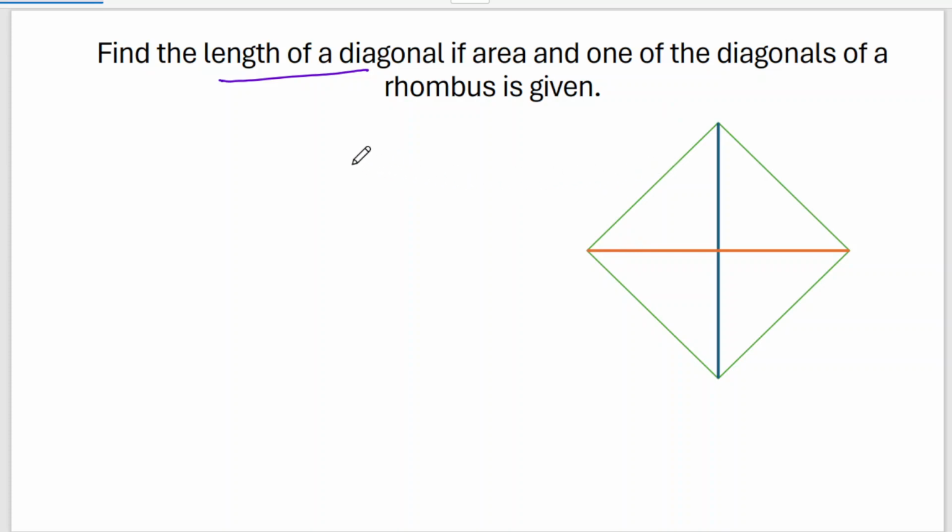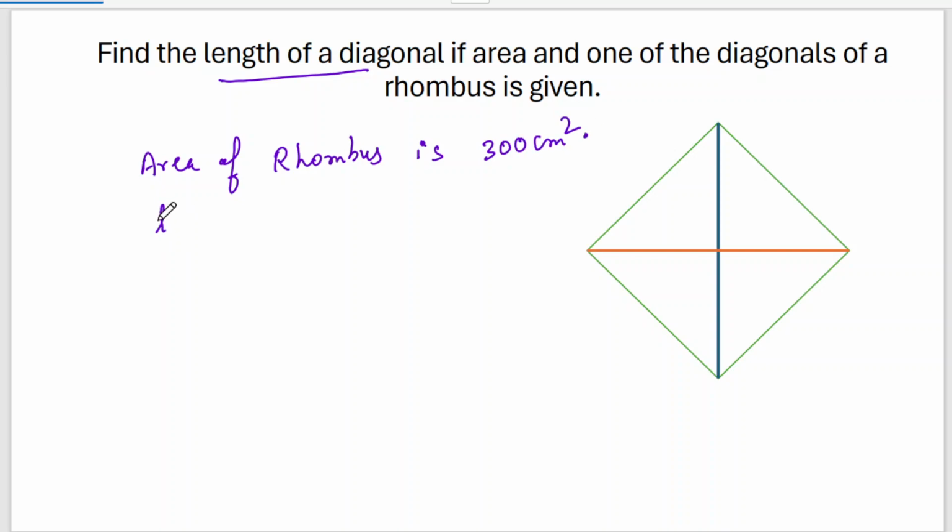Suppose the area of the rhombus is 300 centimeter square.